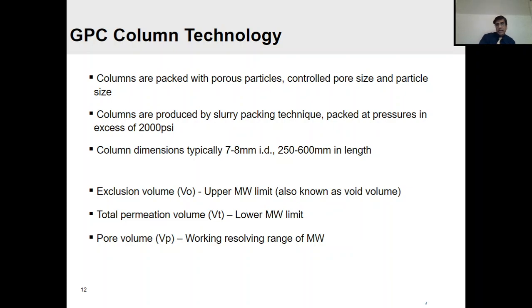This is the area where we can trust the molecular weight of the polymer which we want to separate, neither the top limit nor the lower limit. If the polymer which you want to separate falls into the upper limit or lower limit, that means the separation is not taking place well, and we have to add another column or increase the calibration limit.